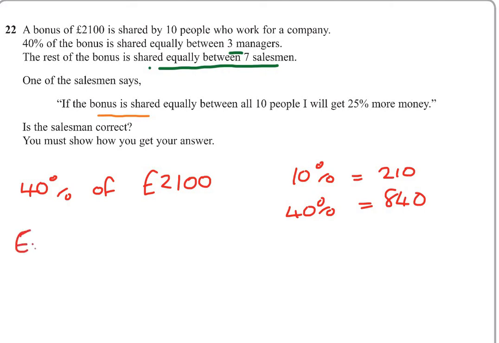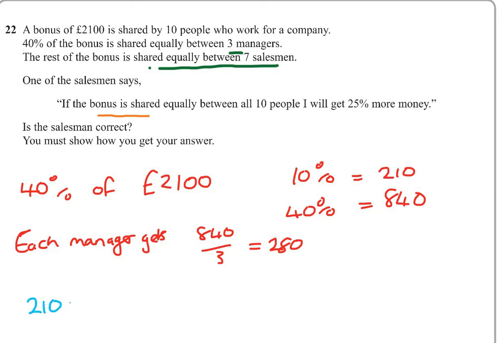So each manager gets 840 divided by 3, which is 280. Right, and then the rest of the bonus, so the rest of the bonus is 2,100, take away this 840. So that's just 1,260.